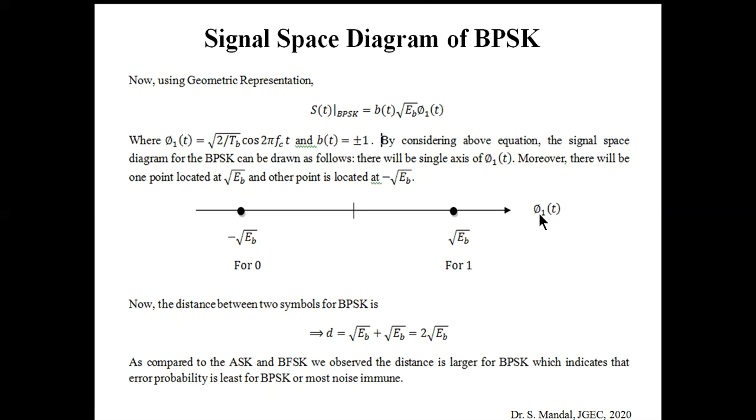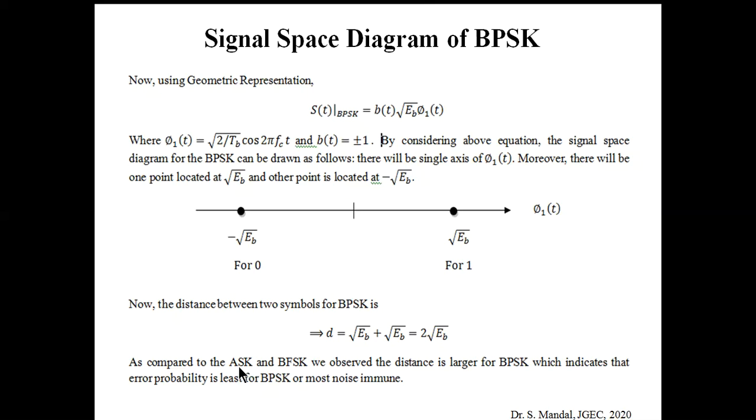Now next our objective will be to find out the distance between them. The more the distance, the more noise immune the digital modulation technique will be, or the less error probability it has. So here you can see that the distance between two symbols for BPSK is 2 into root over Eb.